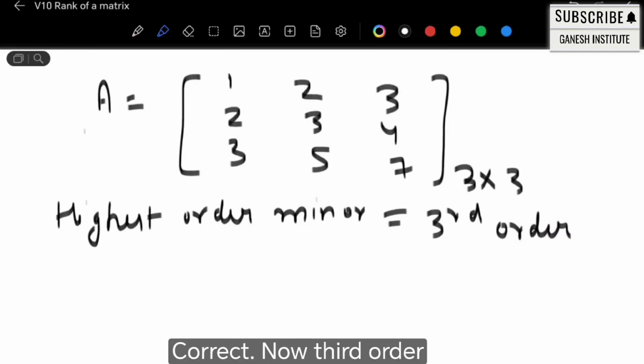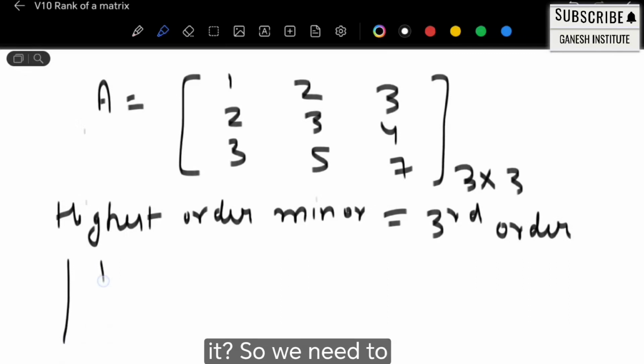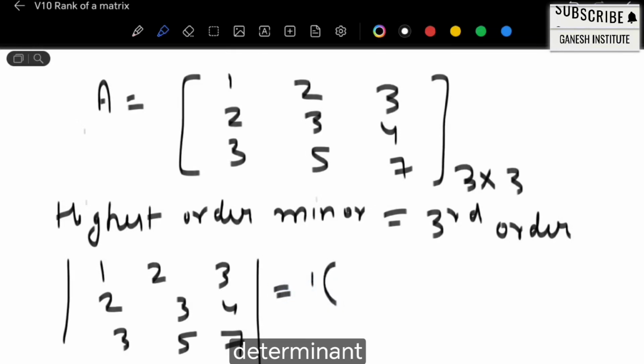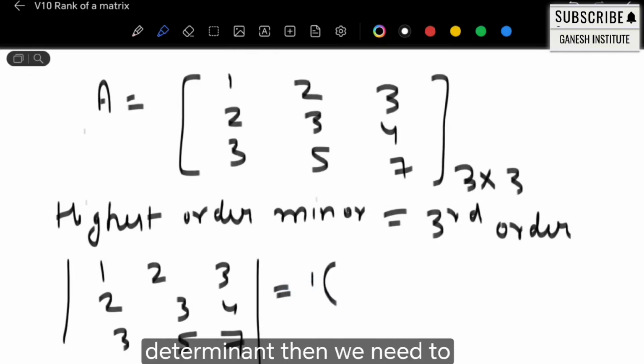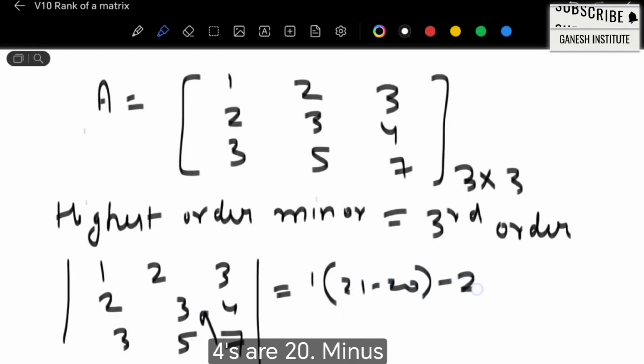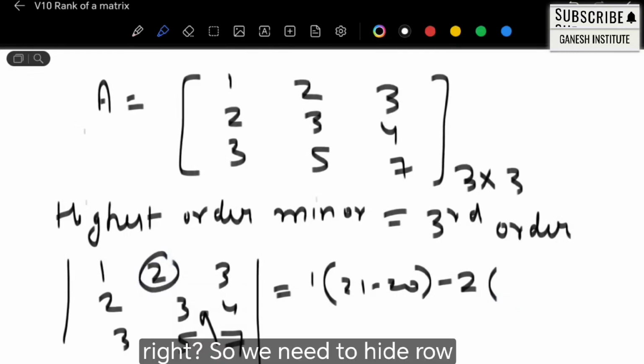Correct. Now third order minor, how do we calculate it? We need to simply find out the determinant. So if we find out the determinant, then we need to take 7 3s are 21 minus 5 4s are 20, minus 2, right?